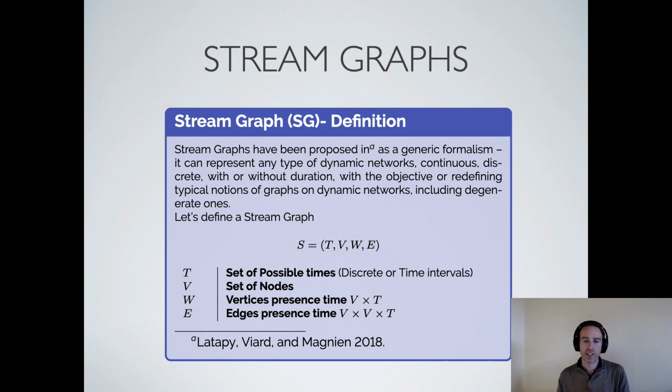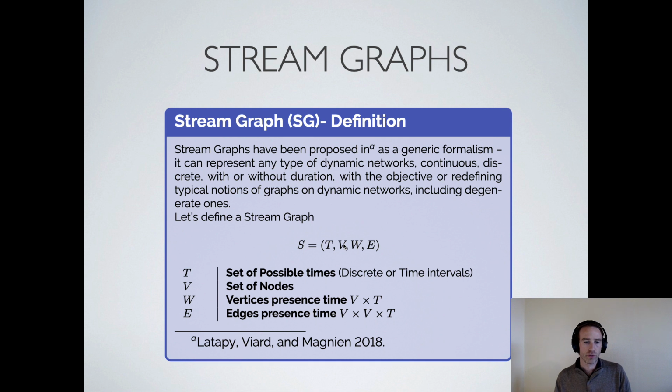Their formalism is adapted to any kind of network, stable or unstable. They define a stream graph by T, V, W, and E, with T being a set of possible times. That's why they can adapt to any kind of network, because T are times that can be intervals or just discrete times.